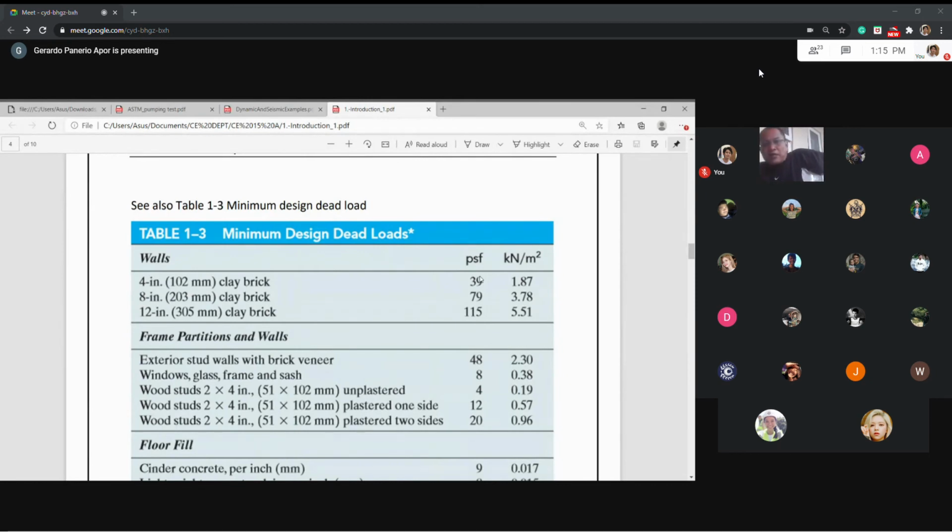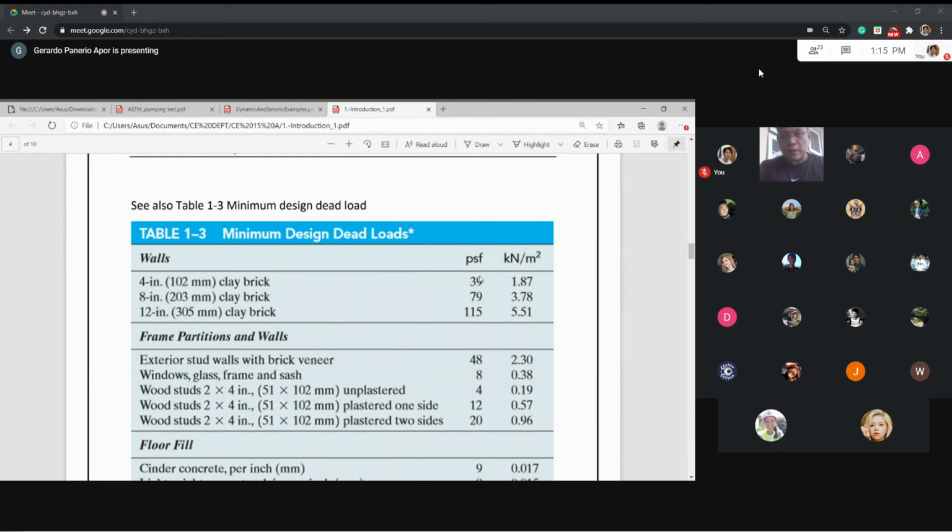PSF is pounds per square foot. That unit comes first if you use English units. Metric is still English, but in metric form.